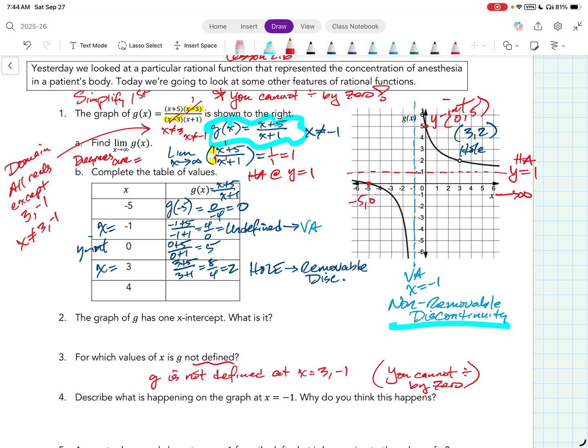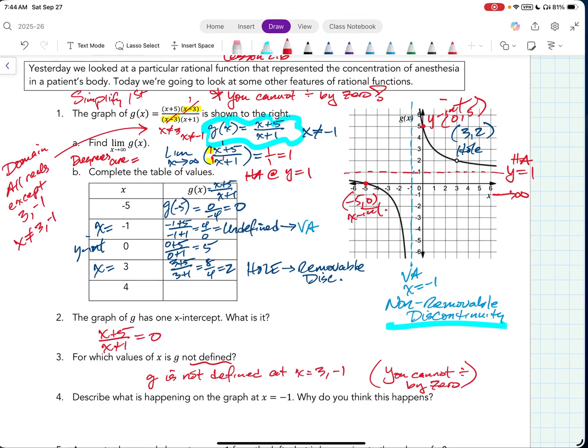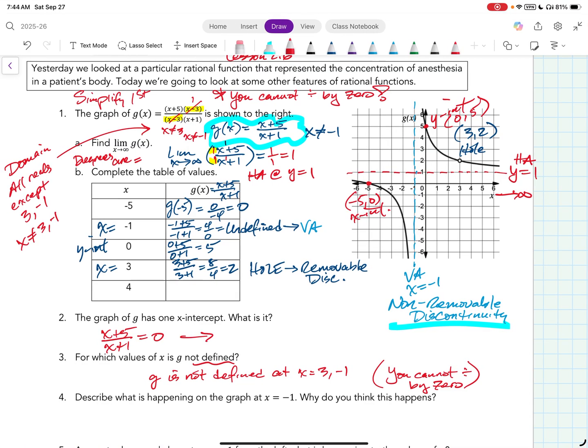How do we find that? Well, you set the function equal to 0. So we have x plus 5 divided by x plus 1. When is that equal to 0? Well, it's when the numerator equals 0.